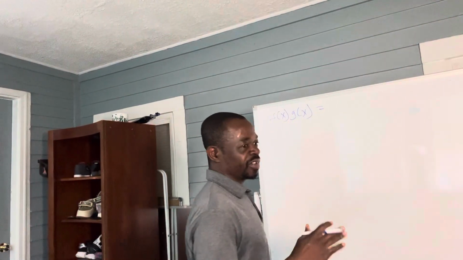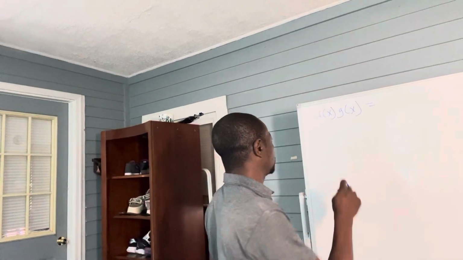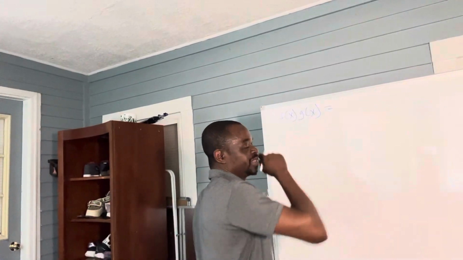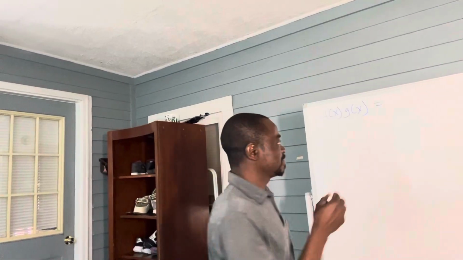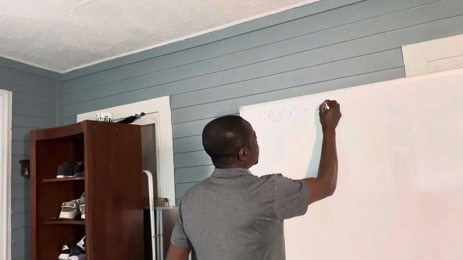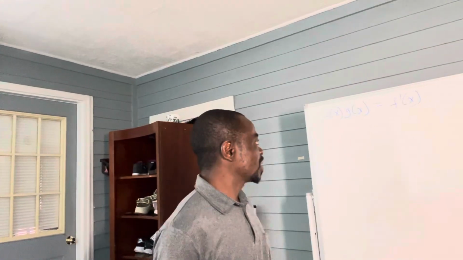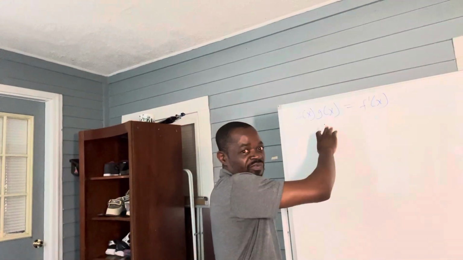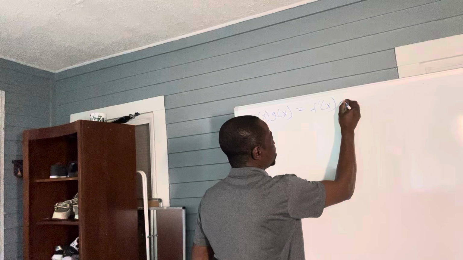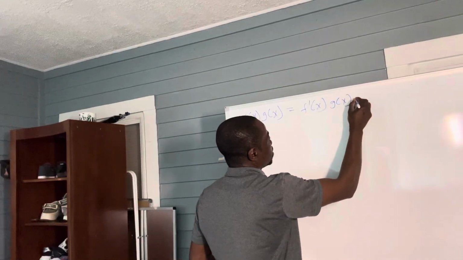if you have two functions multiplying each other, first of all, you differentiate the first function, which is f prime of x. The prime means you are differentiating or you are finding the derivative. Then you hold g of x as constant, that is the second function as constant.